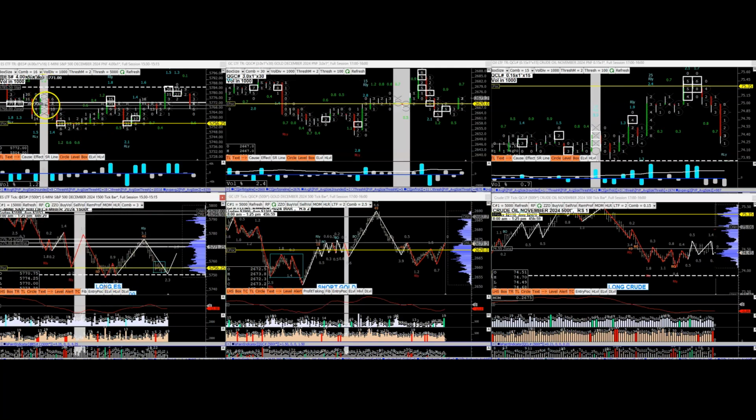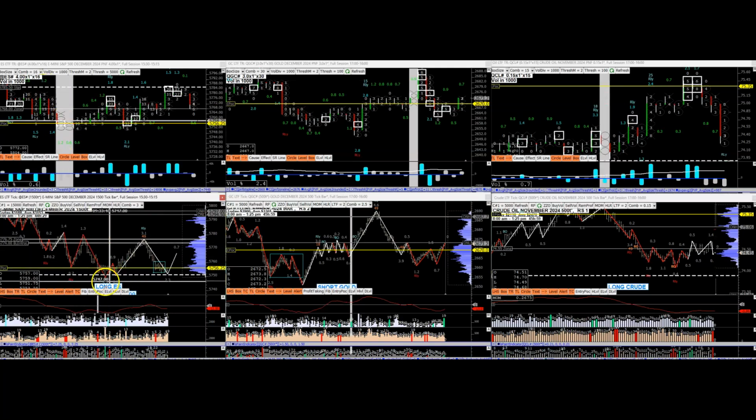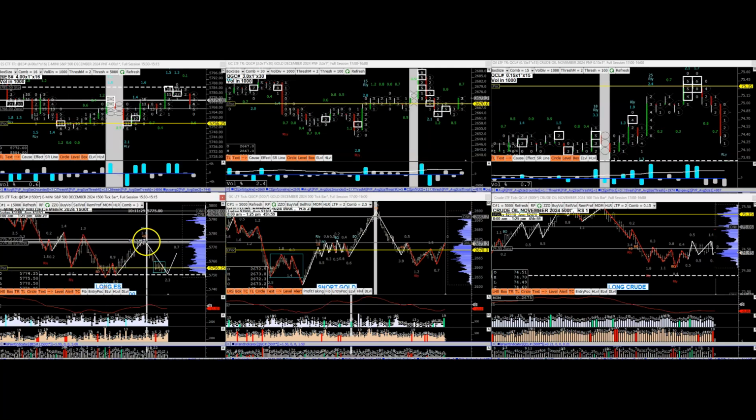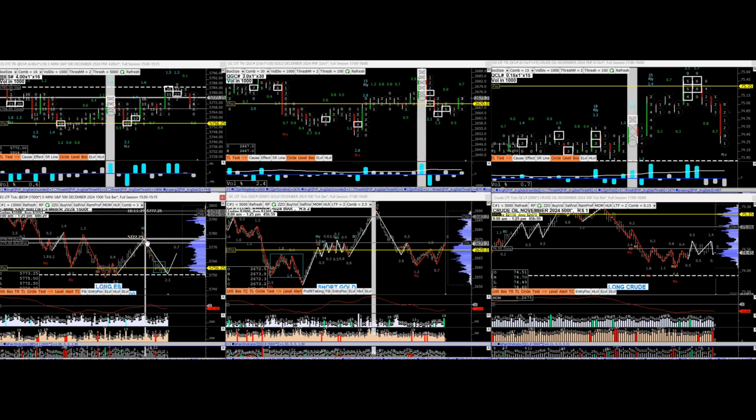You have the high volume here, followed by the aggressive rally, which is the biggest volume in 49 plus up waves. So that is the key indication.